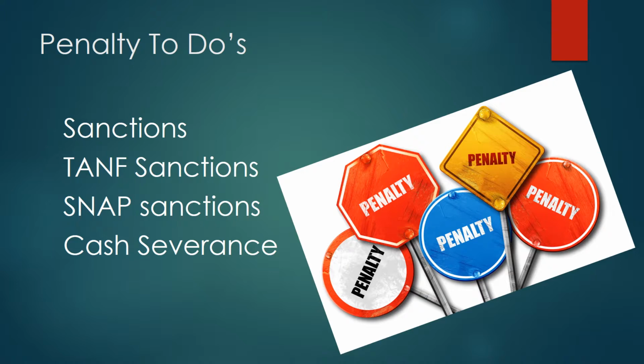Cash severance is coded under penalty, but is only considered a penalty under the Florida system, as the customer is signing off of cash assistance for 6 months in place of receiving a lump sum of monies to help the customer stay self-sufficient. The customer will still be potentially eligible for transitional benefits, providing verification of continued employment is provided ongoing.